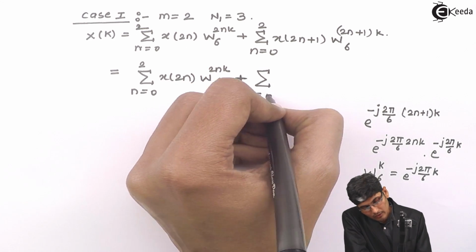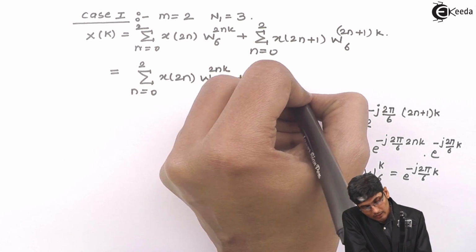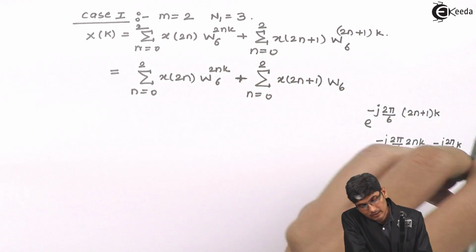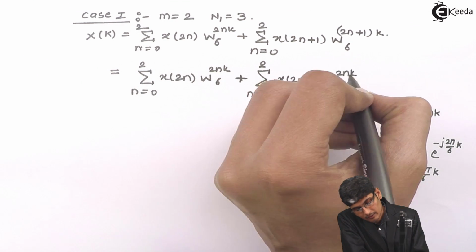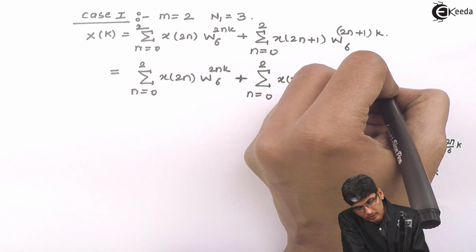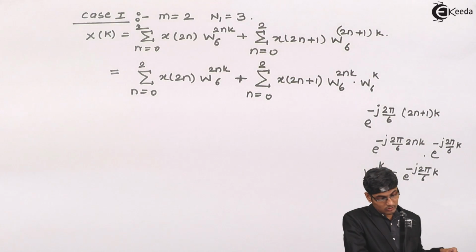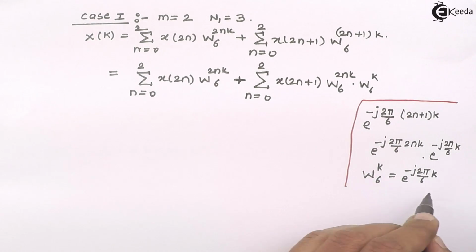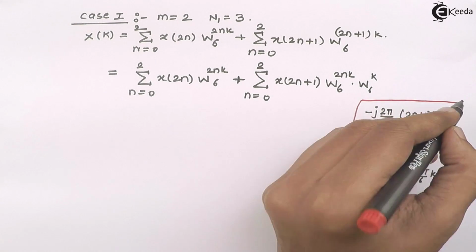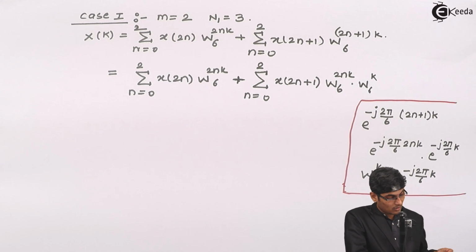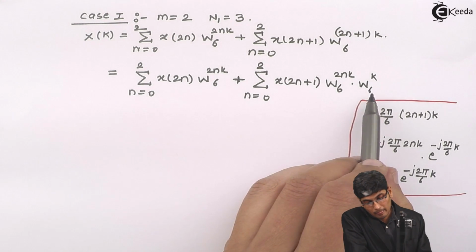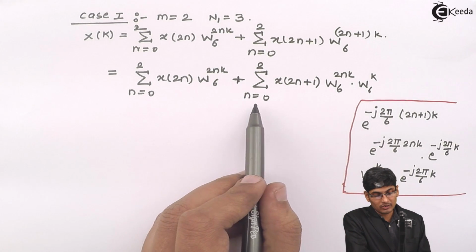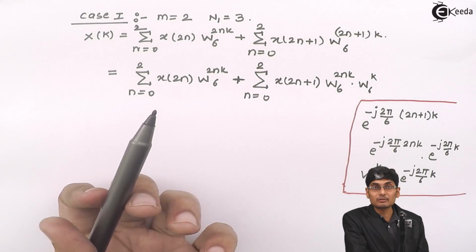Summation n going from 0 to 2 of x of 2n plus 1 w 6 raised to, now this I can write as 2nk into w 6 raised to k. Okay, so this is just for your reference, for you to understand where this step is coming from. Now, we see that w 6 raised to k is an independent term with respect to n, and the summation is with respect to n alone.